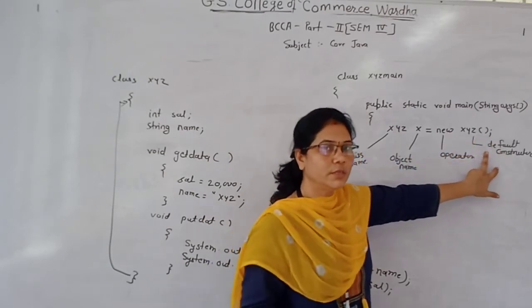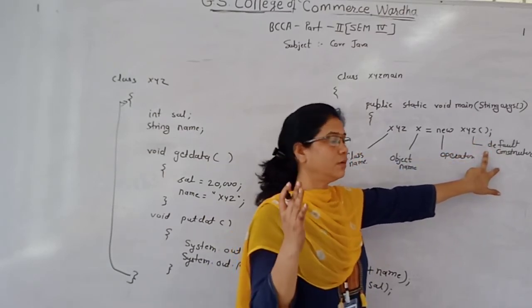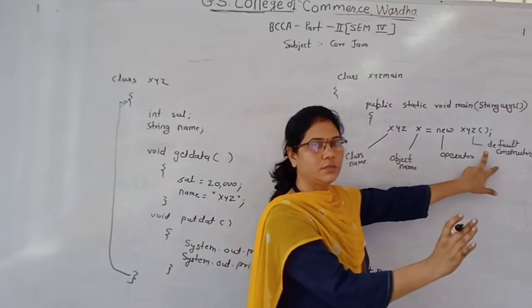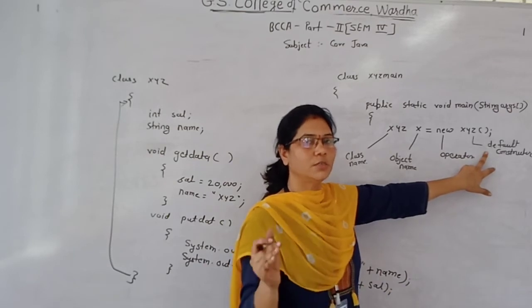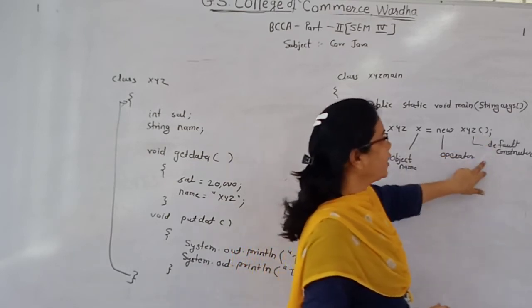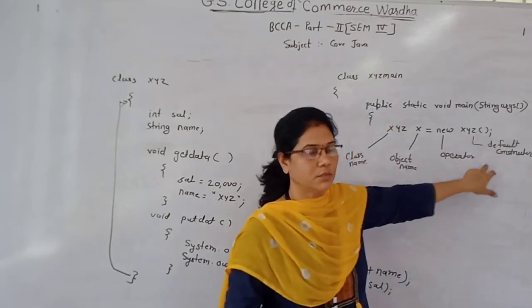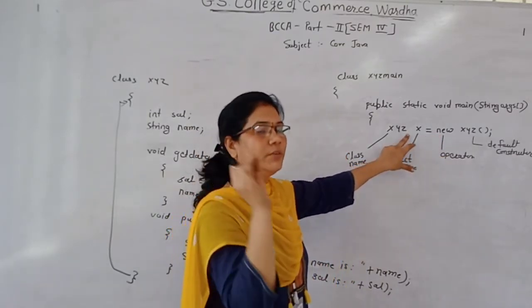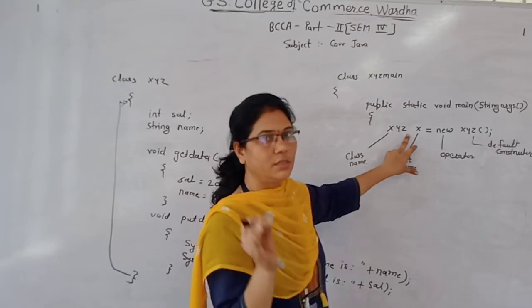We can also use the parameterized constructor, because there are two types of constructor. Actually there are three types of constructor, but the third type is not supported by Java. Here I use the default constructor for creating the object, and it is a new technique for creating objects in Java.